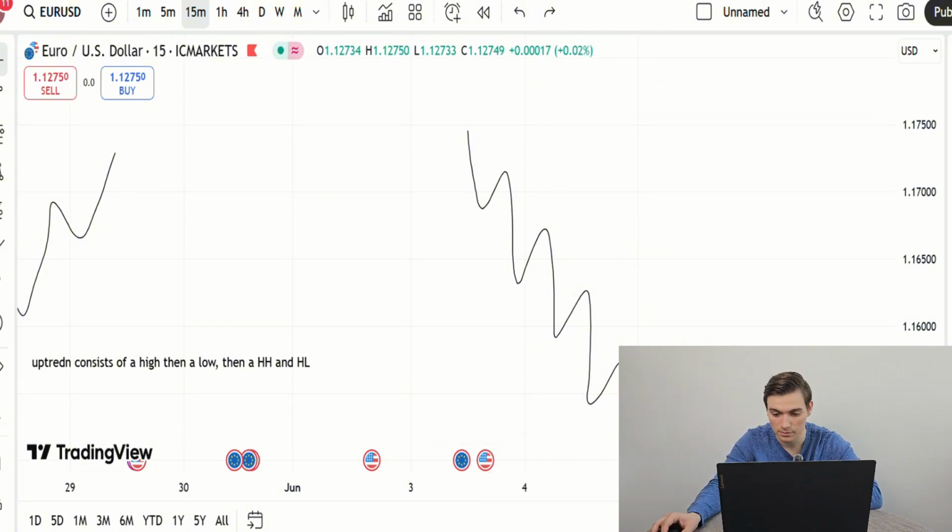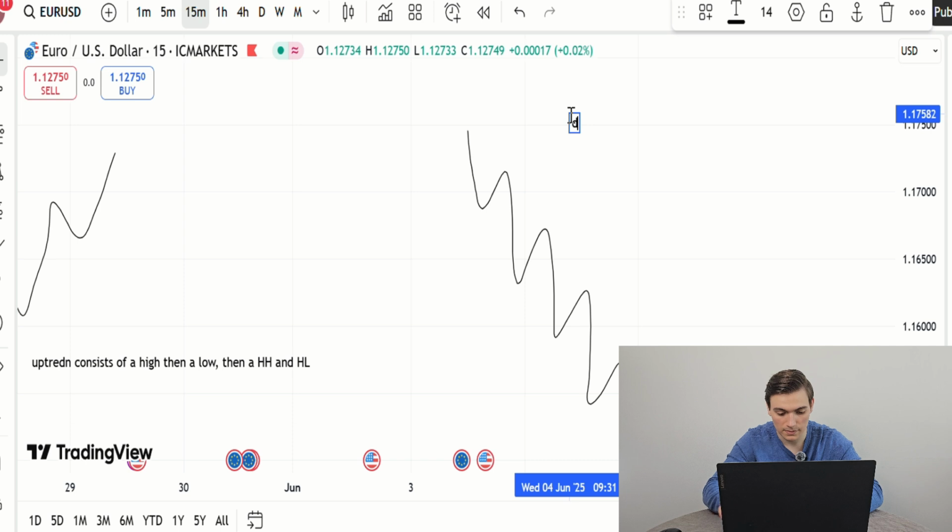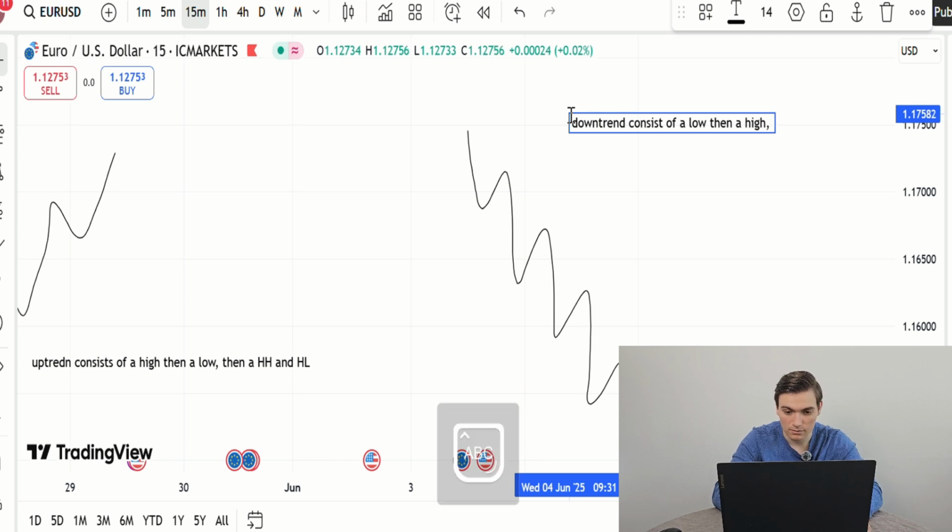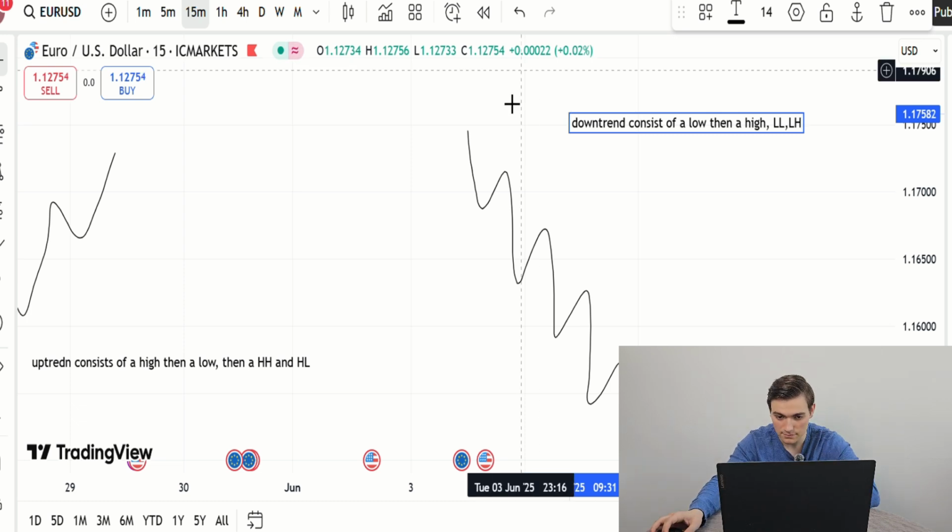I'm gonna write that for you too. So downtrend consists of a low, then a high, then a lower low, and a lower high. Easy, that's it. No matter what, that's a downtrend.